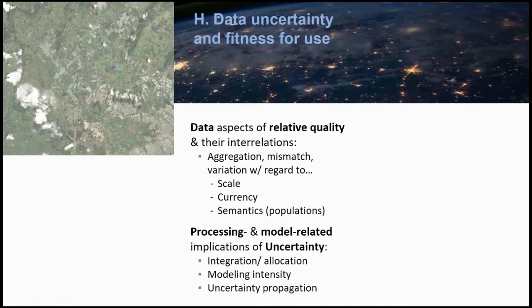So this boils down to the questions of scale, of currency, how much temporal overlap there is between the data, and semantics. What kind of populations are actually modeled? Greg mentioned there are different target populations for different data products that can be modeled, and the user has to decide what kind of population is the target population in my application.